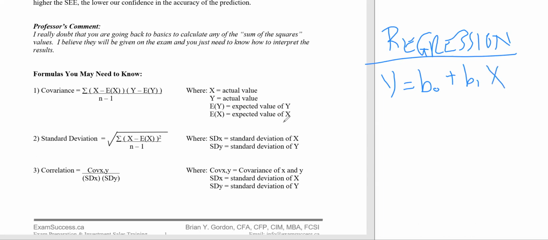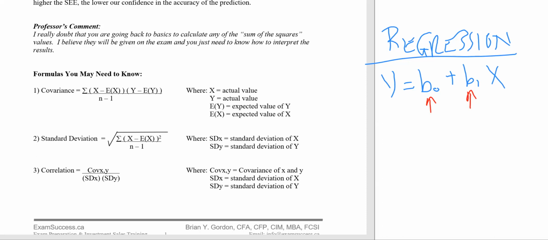I'm going to forget about the error term. We can drop that off. And the first task that you may be asked in terms of a question is simply estimating these parameters, estimating these coefficients. These are referred to as beta coefficients.